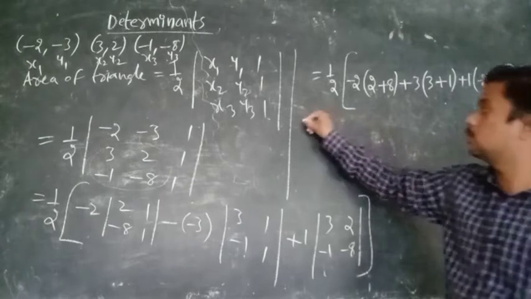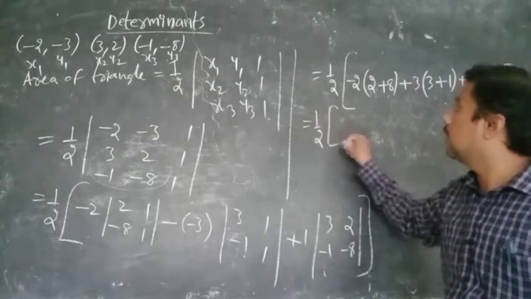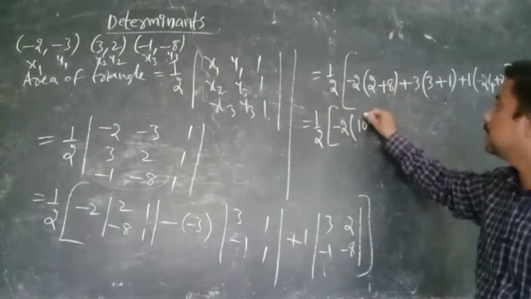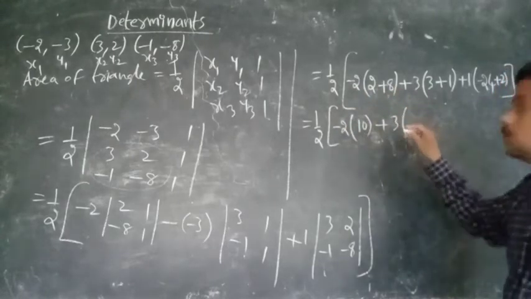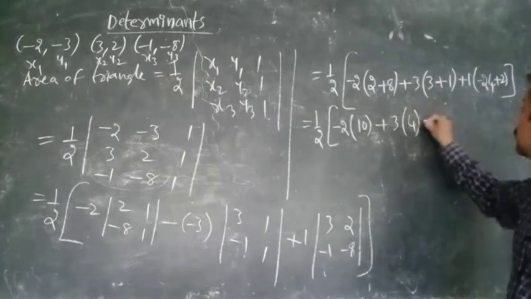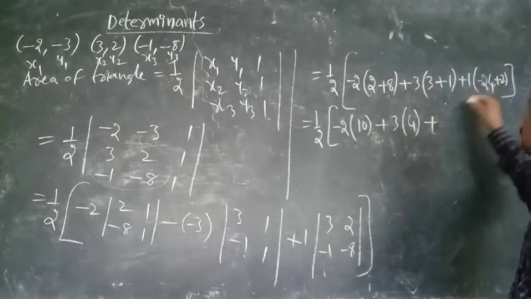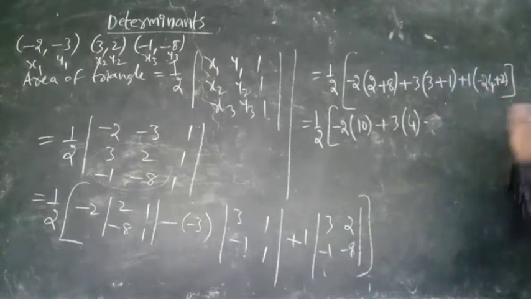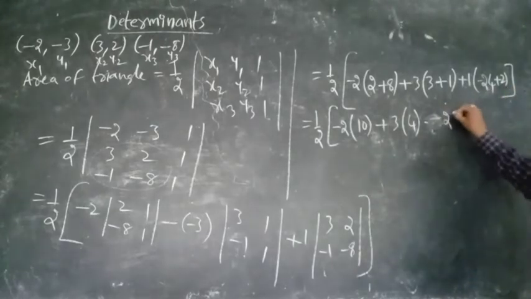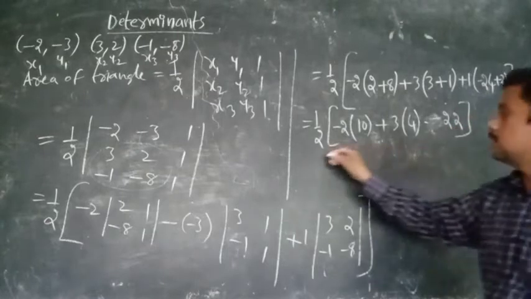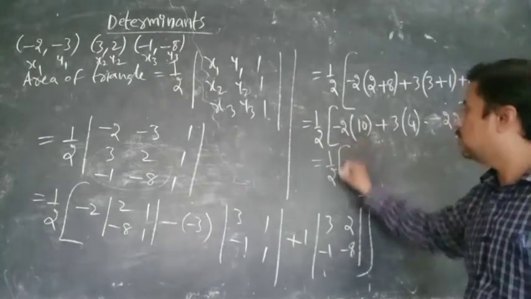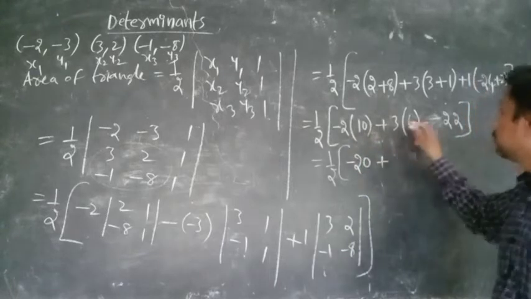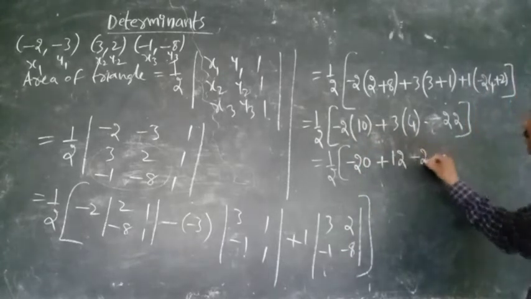So it is half into minus 2 into 2 plus 8, 10, plus 3 into 4, plus 1 into minus 22, 24 plus 2 is what? Minus 20. So half into minus 20 plus 12 plus minus 20.